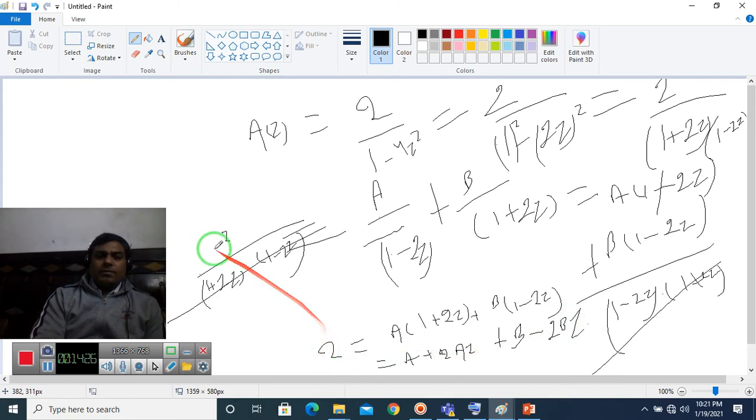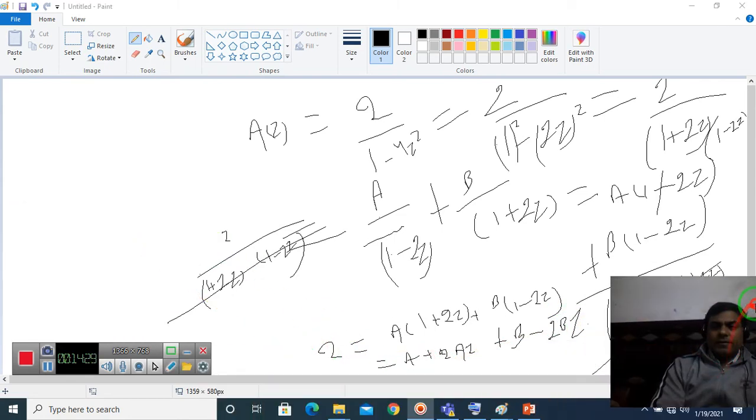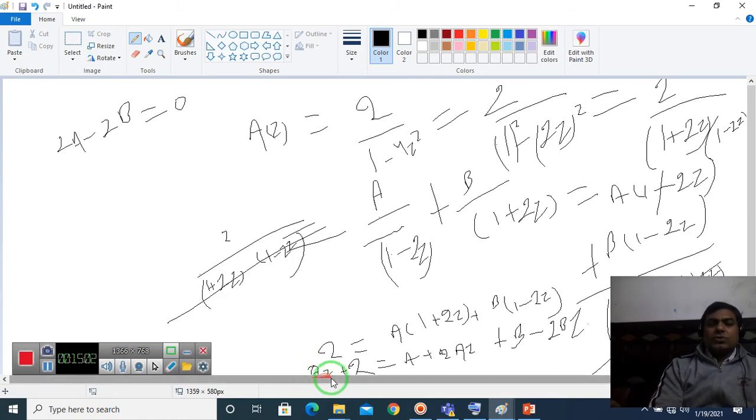Just compare the coefficient of Z. On the left side there is no Z, it is only 2, so the coefficient of Z is 0.